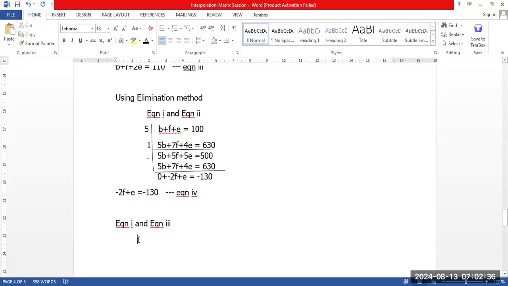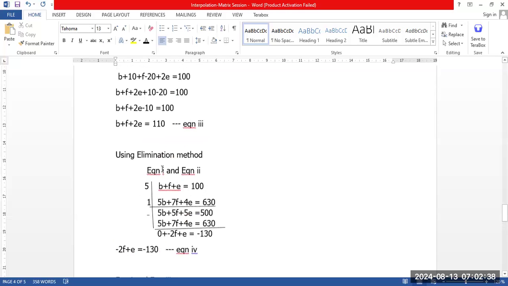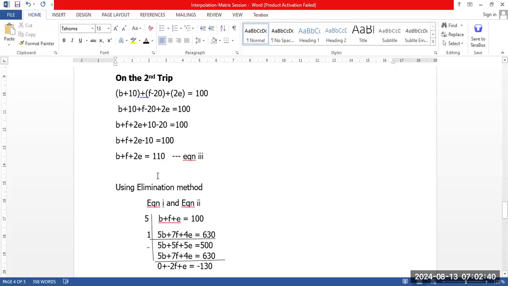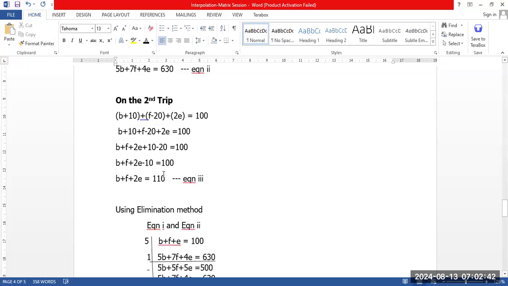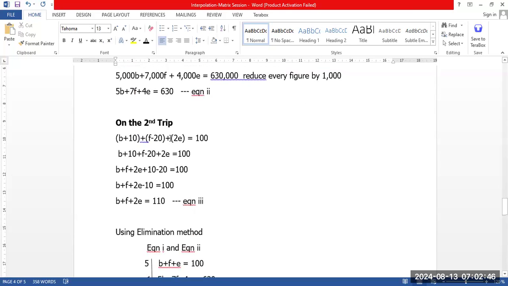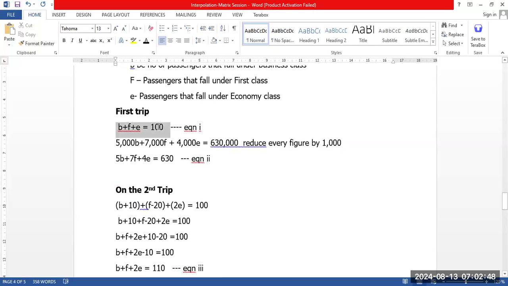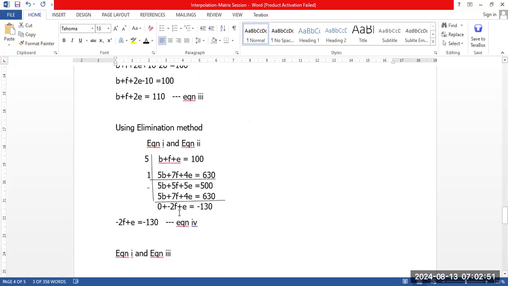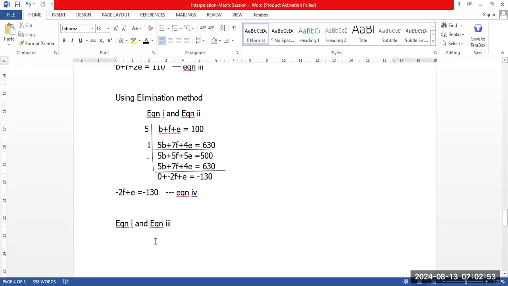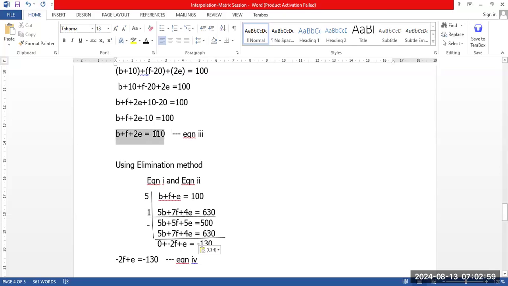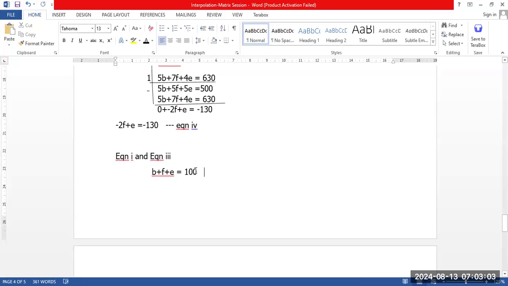So equation 1 and 3, remember our equation. Our equation 1 is this. Then equation 3 is this one.